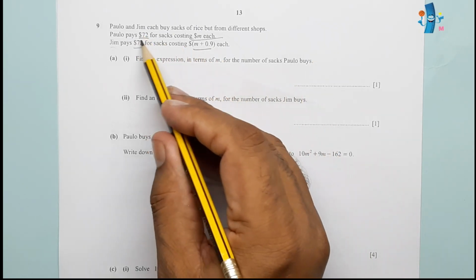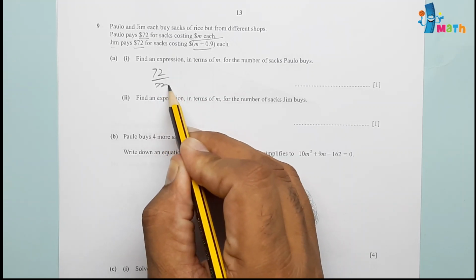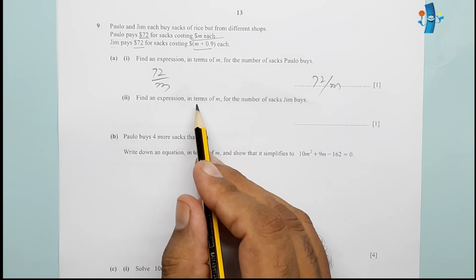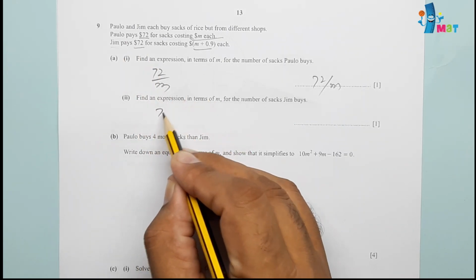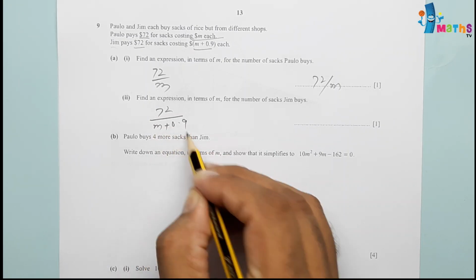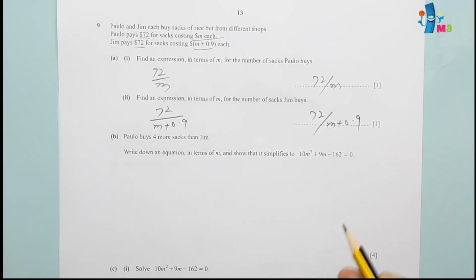So it will be 72 divided by M. And an expression for Jim will be 72 divided by M plus 0.9. So 72 over M plus 0.9 will be the answer for this one.